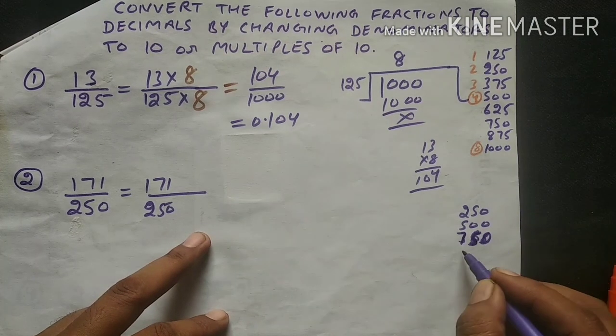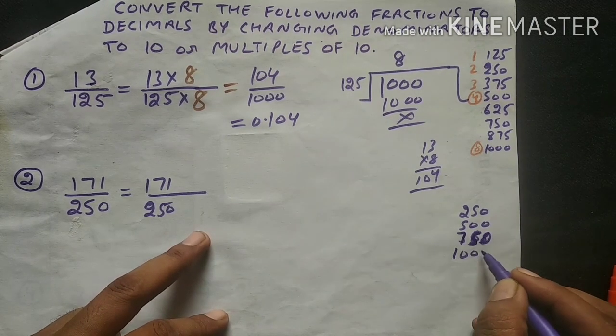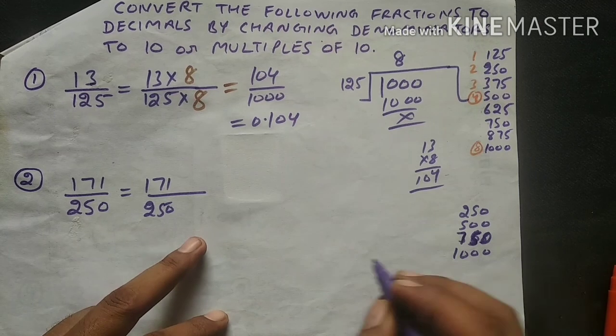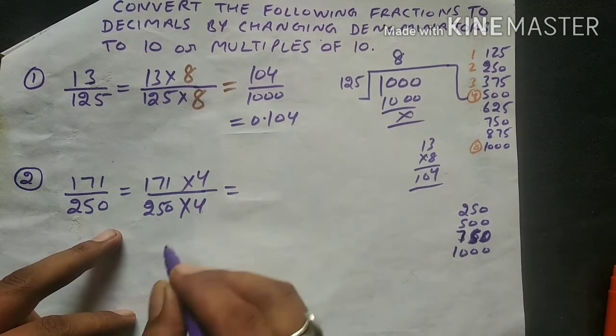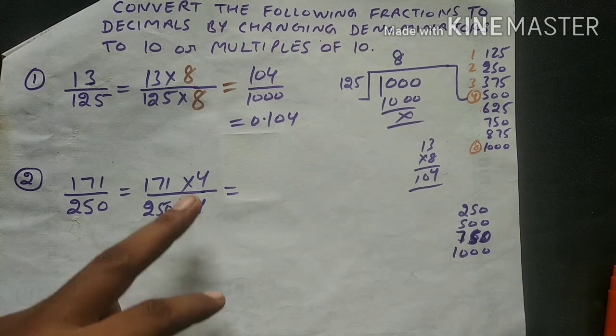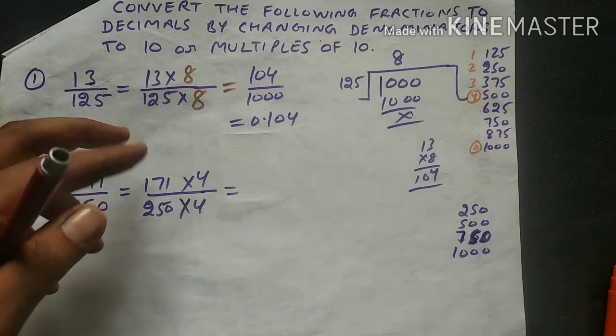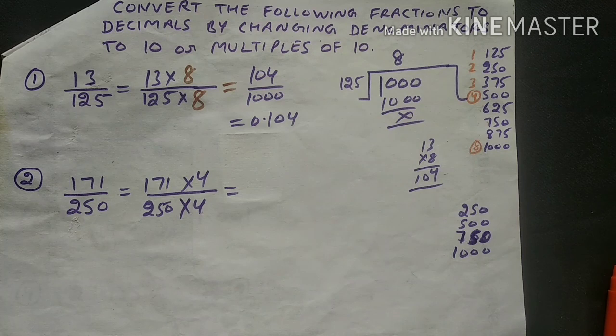Okay, after that 1000. Now at which place do you get 1000? We get it at the 4th place. Okay, so we will multiply both numerator and denominator by 4, because if we multiply numerator and denominator in a fraction by the same number, then it doesn't change its value.